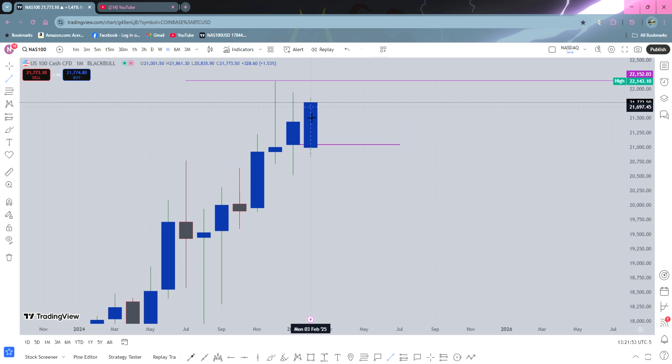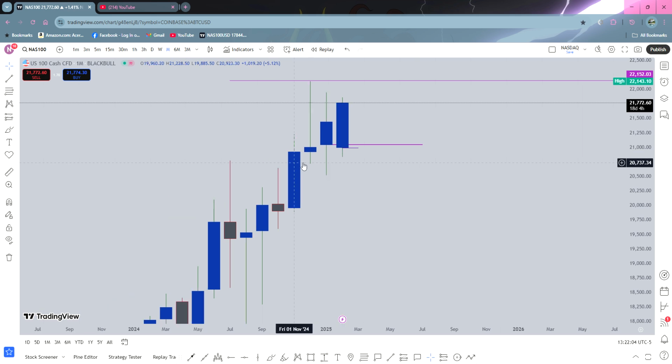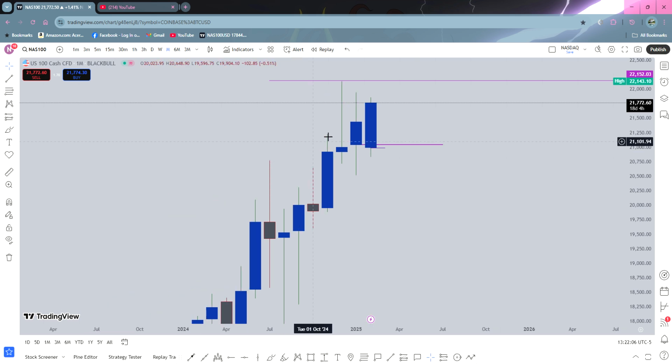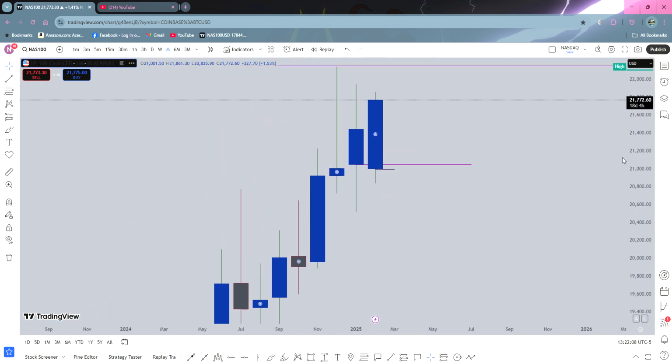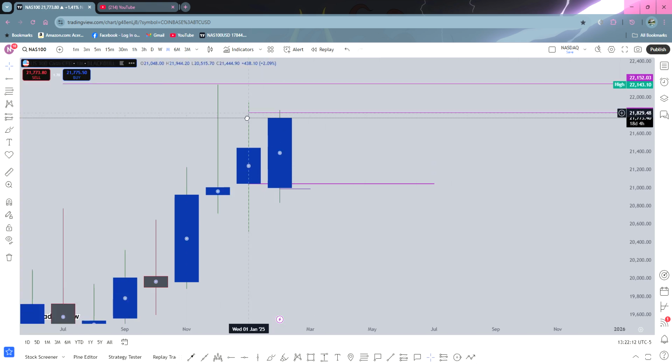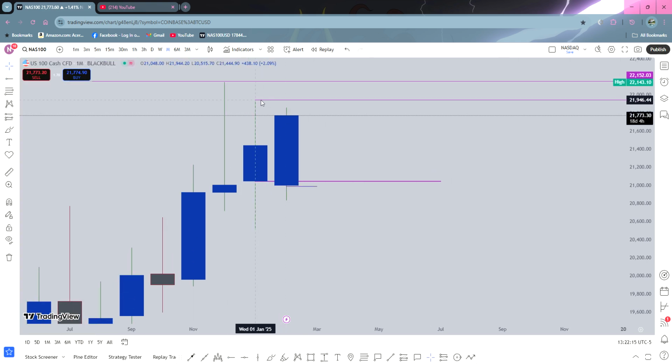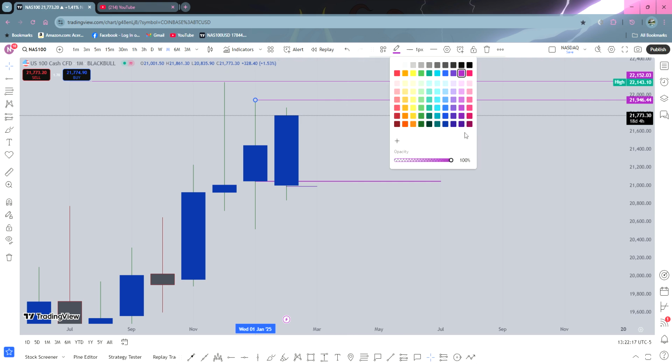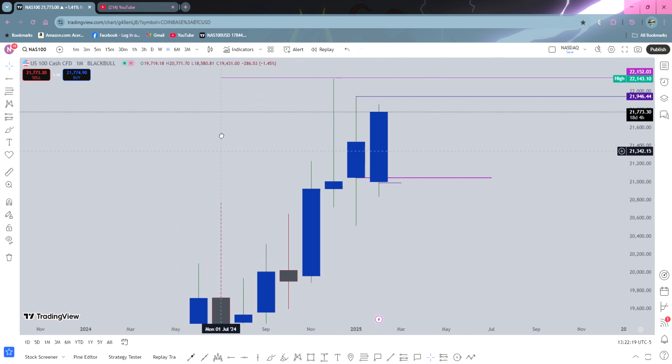I like to mark off the monthly opening price. I'll make this dark purple, and I also mark my highs because, like I said, we are gonna engage buy stops. So this is how we're gonna do it.